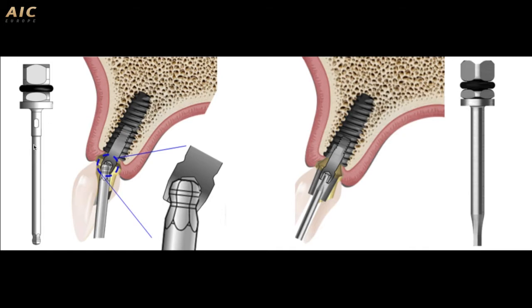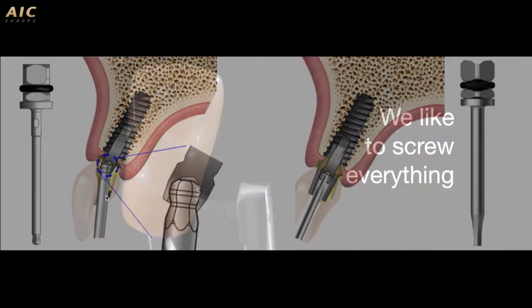With the angled screwdriver, we can change the emergence profile of the screw from 0 to 20 degrees, and sometimes 20 degrees is a fantastic opportunity for us in dentistry to change the aesthetics of our prosthetic work.